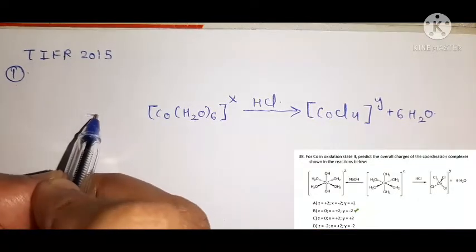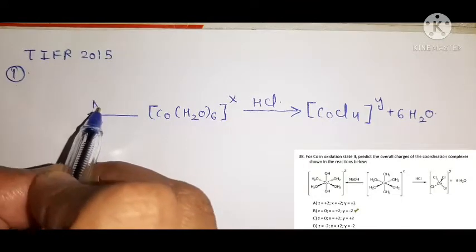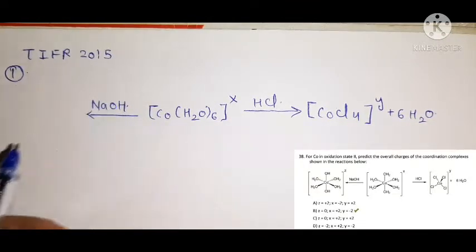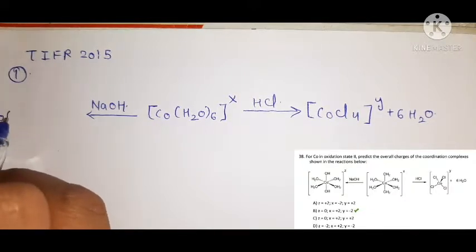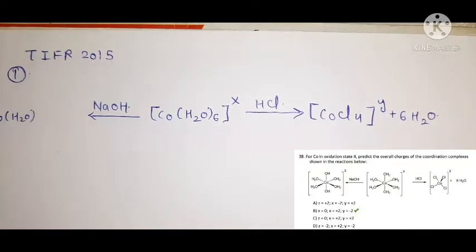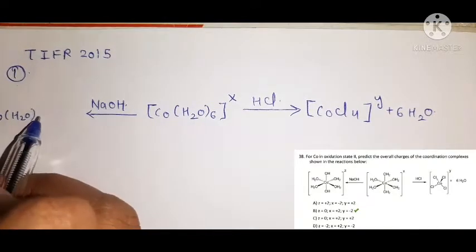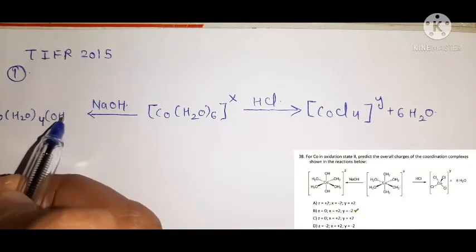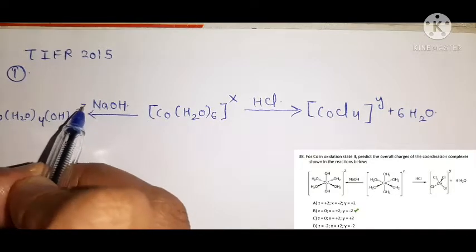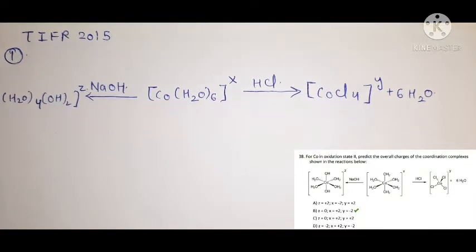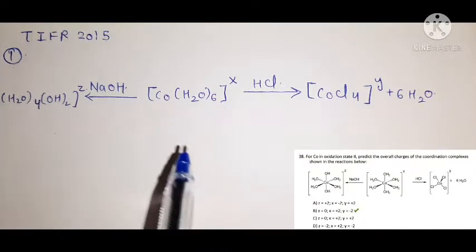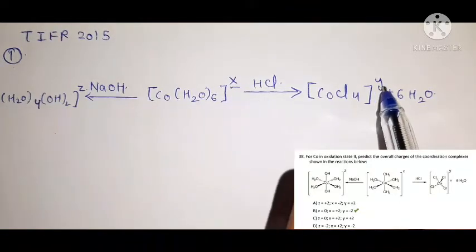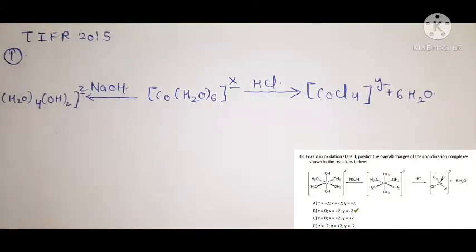And the another reaction of this cobalt complex is with sodium hydroxide, and we obtain this complex, that is Co(H2O)4(OH)2 with Z. So this data is given in your question. Now we must find the values of X, Y and Z.